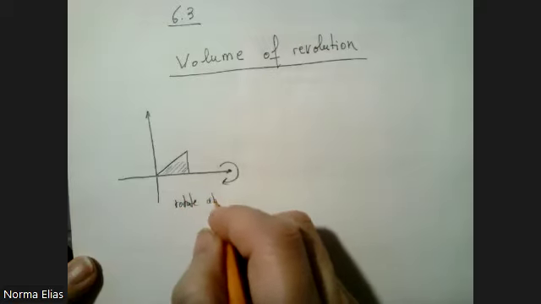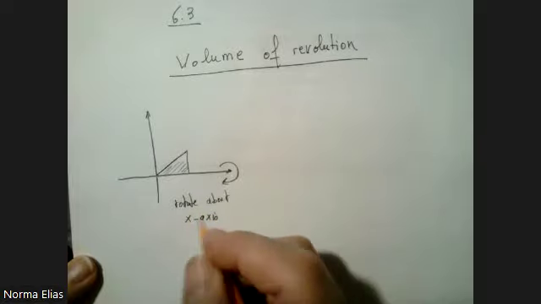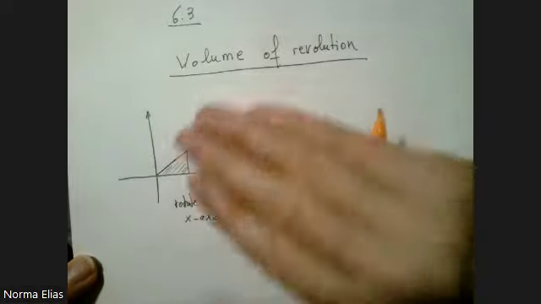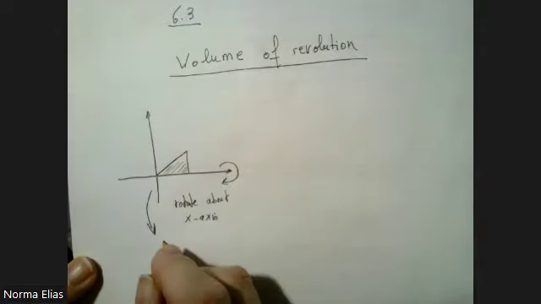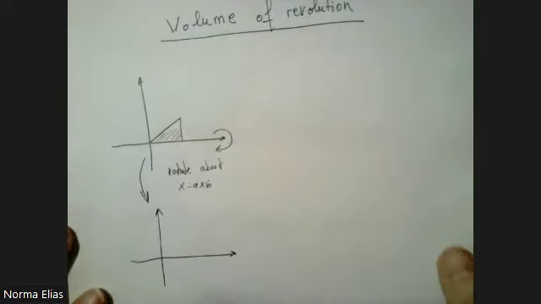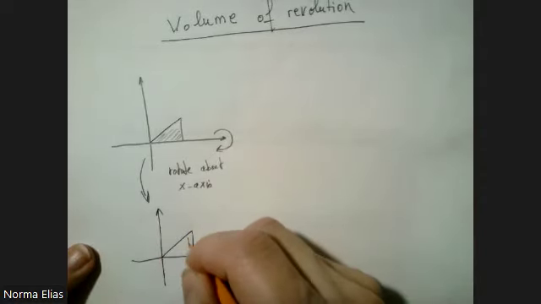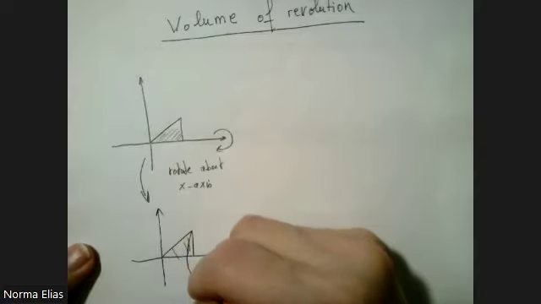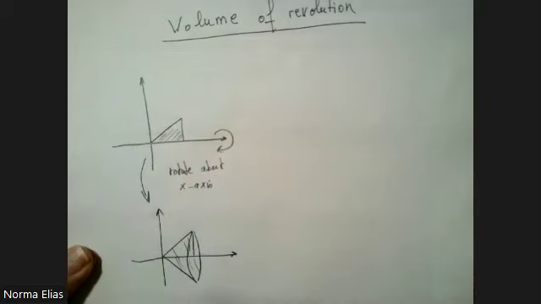Rotate about the x-axis. So we are already in 3D. What do you get? What do you think? You get a cone. Absolutely. So you take this region and you rotate it, you get a cone.